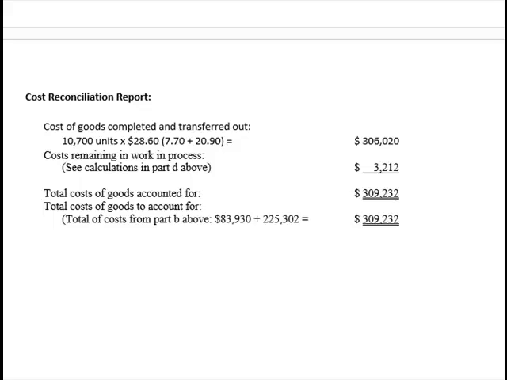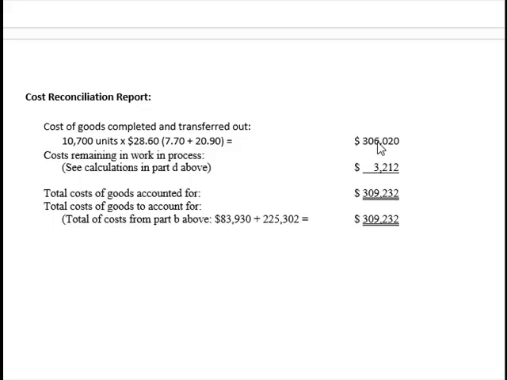So our final step is to prepare our cost reconciliation report. And remember, you're going to be given these prompts on the exam, but you'll have to know what numbers to put after the prompts. So what we're going to do here is we're going to account for all of the costs. So we're going to calculate the total cost of goods accounted for. In other words, we're going to explain where did all that money go. Well, some of the cost we transferred out.